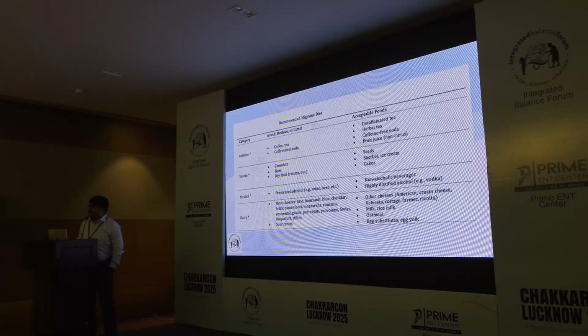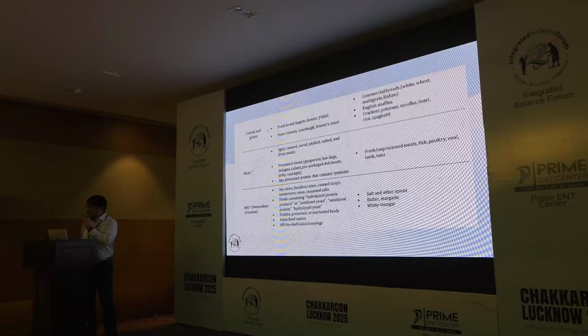And in India, there are many cases who complain of migraine even after taking ghee. So you need to be more skeptical when you deal with foods that are rich in ghee. And fresh bread, yeast extracts, aged or canned foods, processed meats, all these should be avoided.